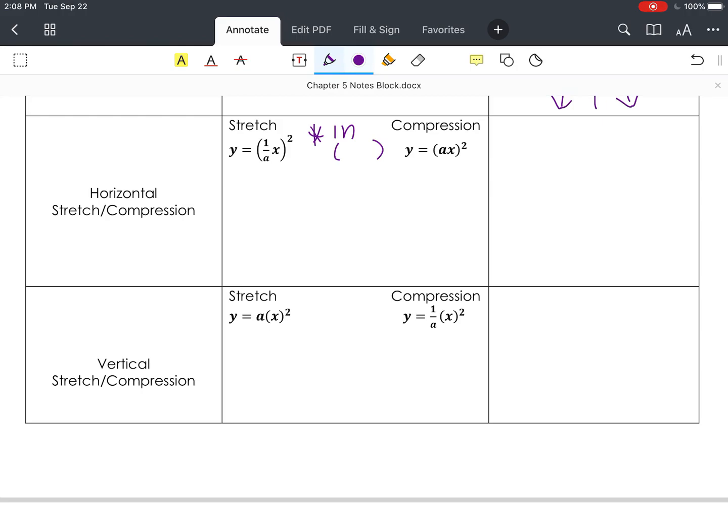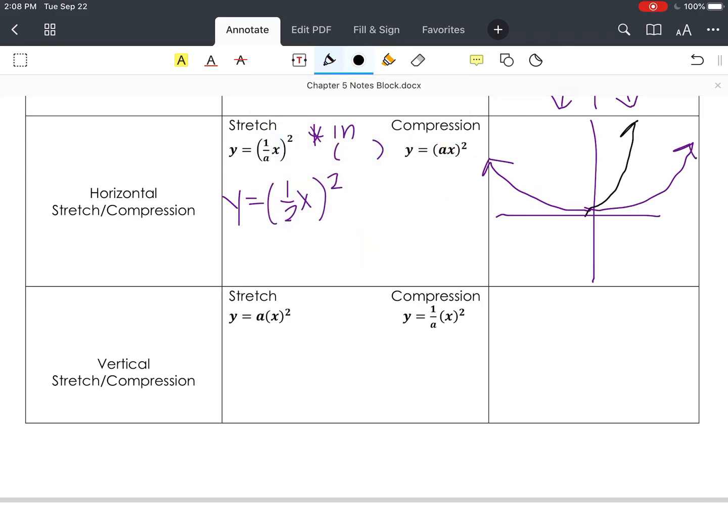For a horizontal stretch, you're going to have something as a fraction less than 1 in parentheses. So notice the 1/2 is in the parentheses. So a horizontal stretch is going to be really wide. So something really wide, wider than, I'll put the original in black. So this would be maybe what the parent function looks like, roughly. So the purple will be really wide.